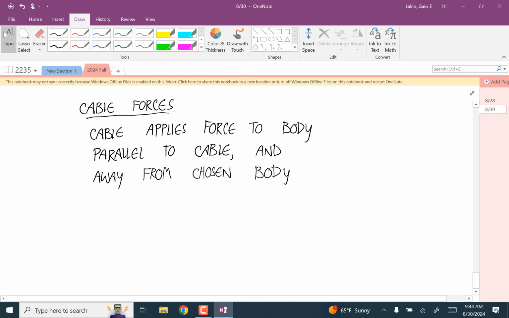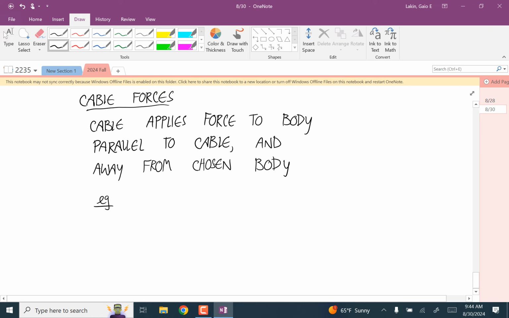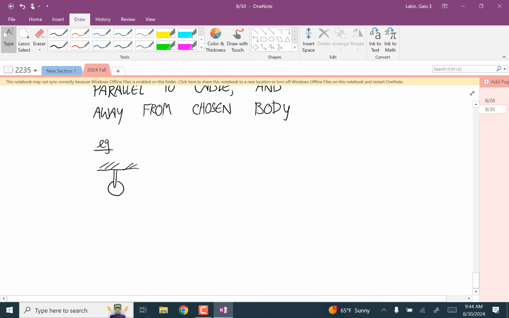So for example, if you have a setup like this with a cable going over a pulley, and on one side it's connected to, let's call the one on the left box 1 and the one on the right box 2.